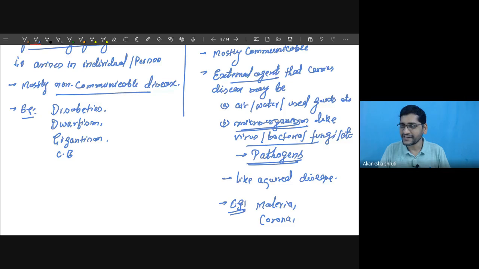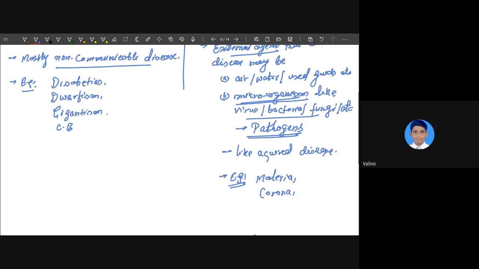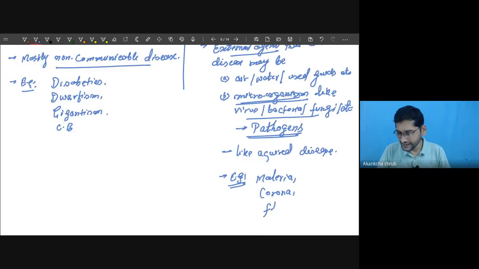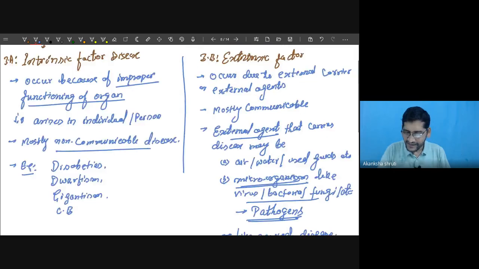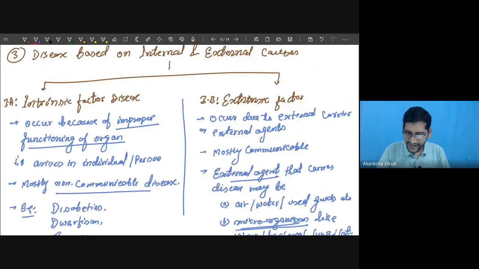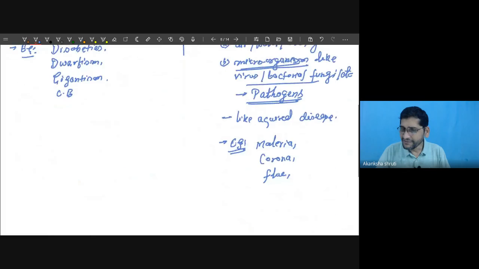Various communicable diseases that we have written: dengue, flu, cold. Dengue, yes, flu, etc. Okay, influenza. So all these fall under the external factor. Get it? Even your fever or common cold.